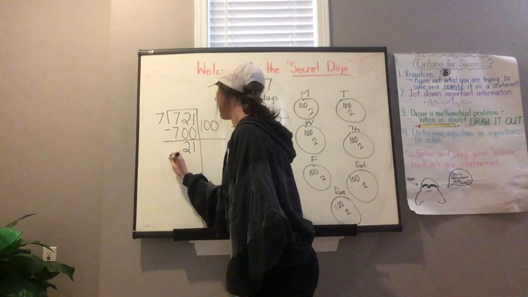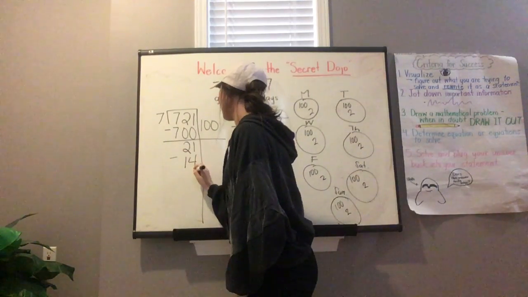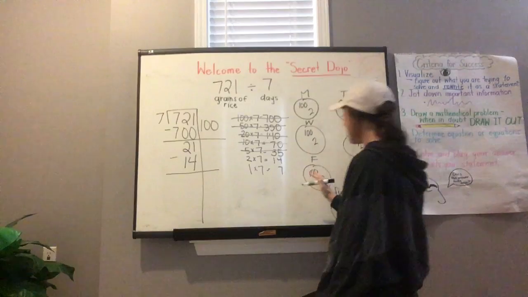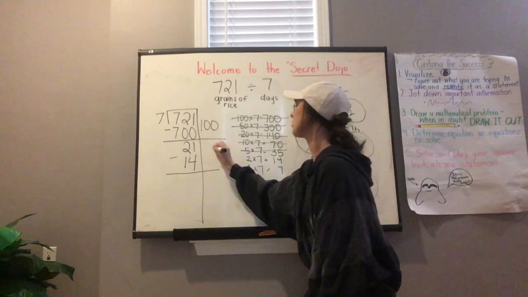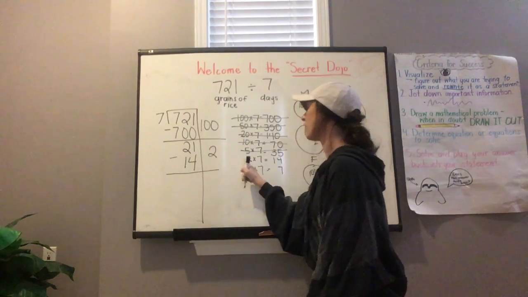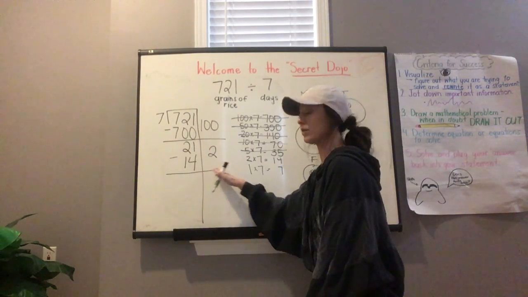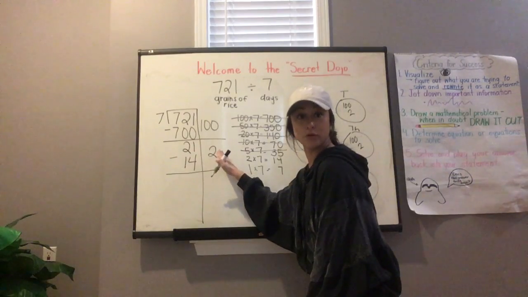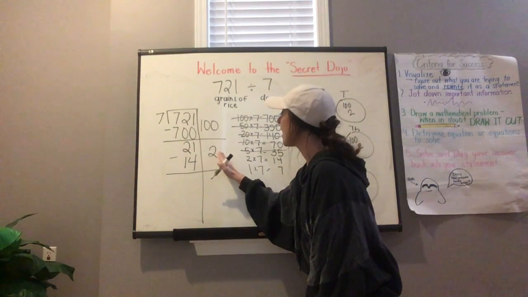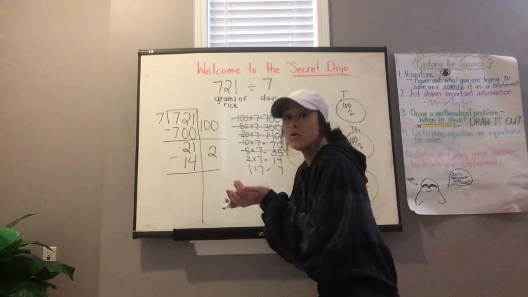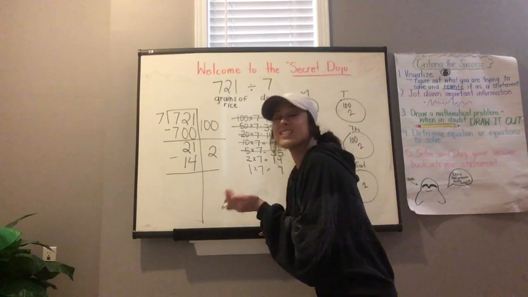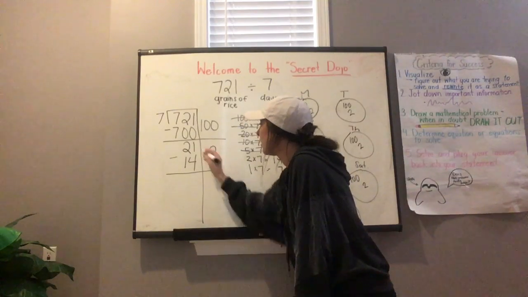So I'm going to subtract 14 because I gave away those 2 to each day. And here is where I want to put my 2. I don't want to forget that 2. That's why I said I want to always bring that number out so I won't forget to add it to the end. So now I have this 2, and I'm going to subtract because I have to find what's left over.